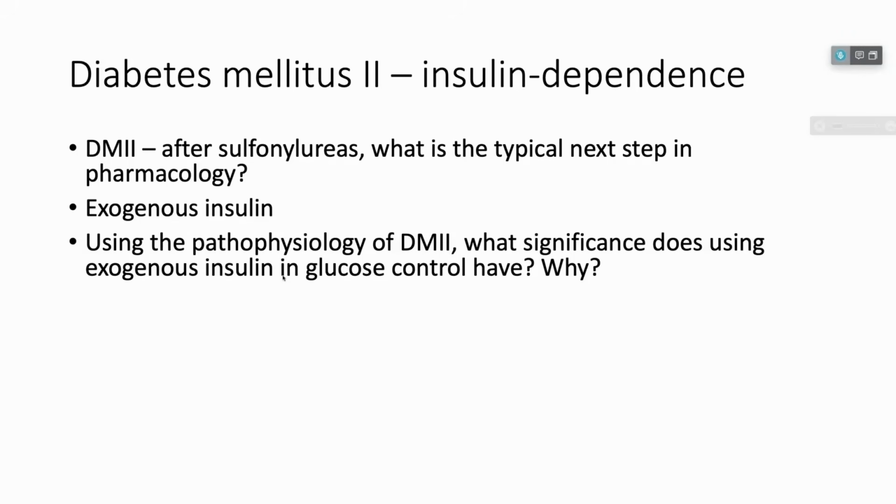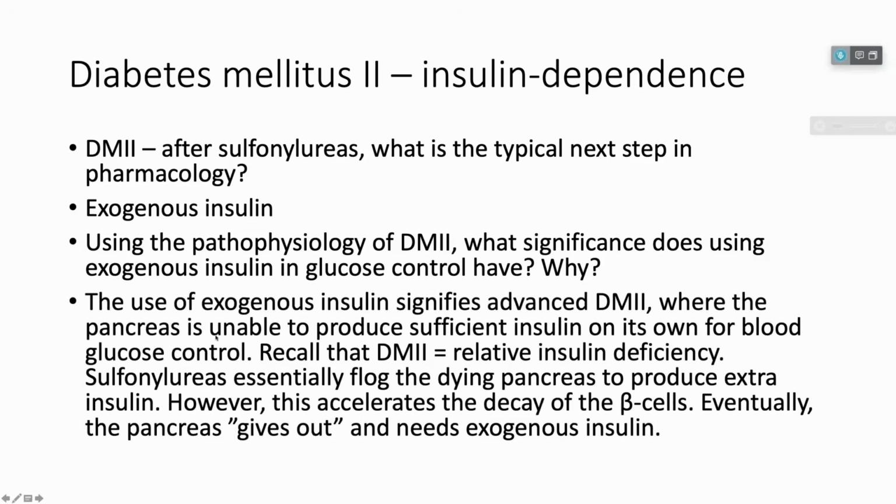Perfect. Yeah, exactly. This is a long explanation, but if you think of sulfonylureas as flogging a dying horse, the horse is kind of dead by the time that you're using insulin. It's not fully dead, but it's getting there. And so you now need to bring in outside insulin to help it along, because there's no way that you are able to produce enough insulin from your islet cells.